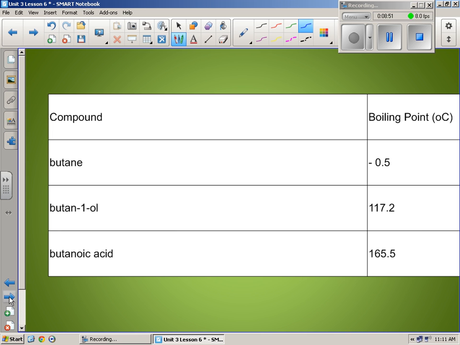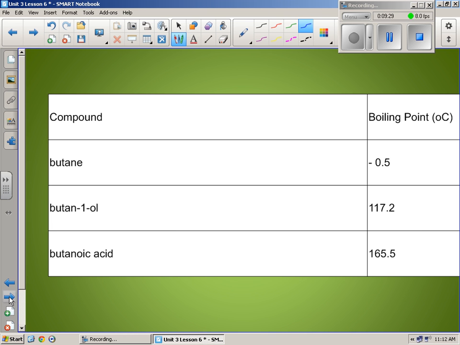First of all, OH, hydrogen bonding, so very high melting boiling points. And polar as well, right? So butan-1-ol, look at the difference between these two just by adding an OH on there. Quite high hydrogen bonding, right? 117.2 degrees Celsius. That's a big difference. 0 and 117 Celsius. That's their boiling points in this case. A little bit more polar and hydrogen bonding, butanoic acid, double bond OH, more polar end to it, 165.5.